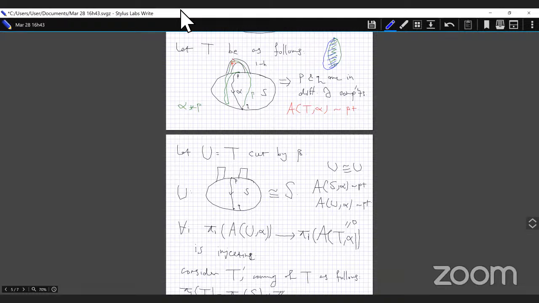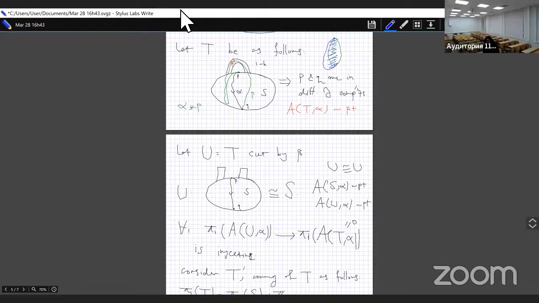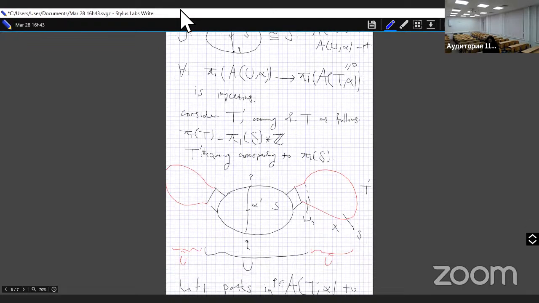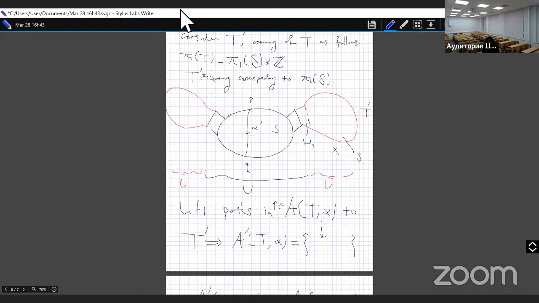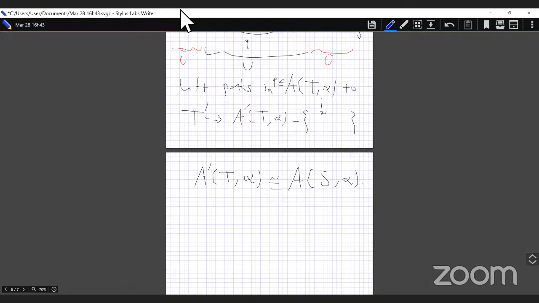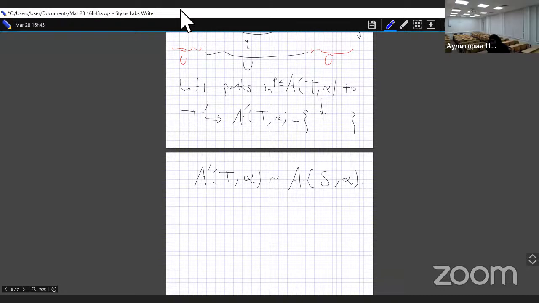I mean, Hatcher just claims to construct a subspace. Well, so the last claim here is this, which we have A prime T alpha.